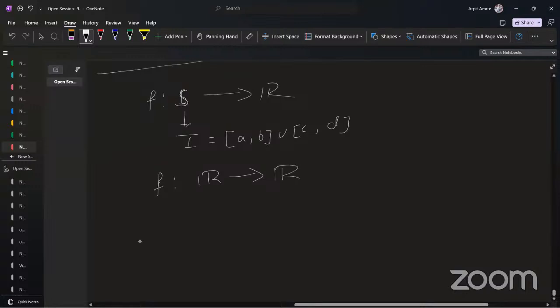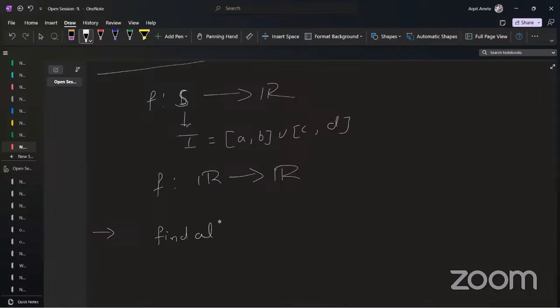Firstly, step one is to find all the critical points.